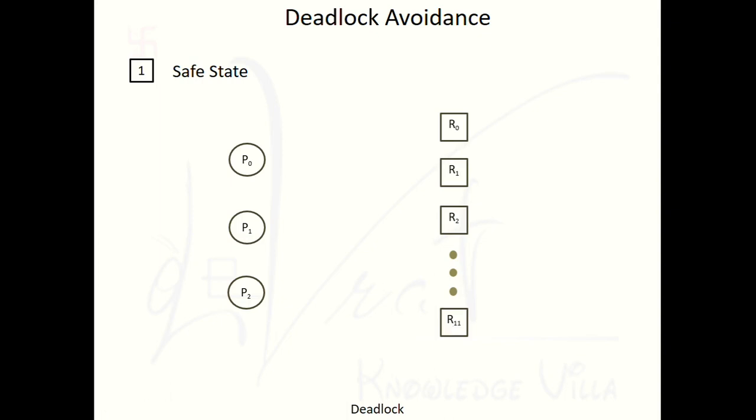Out of these 12 resources, process P0 requires 10 resources, process P1 requires 4 resources and process P2 requires 9 resources. So think, is it possible to allocate all the resources? Total requirement is 23, but we have only 12 resources available.